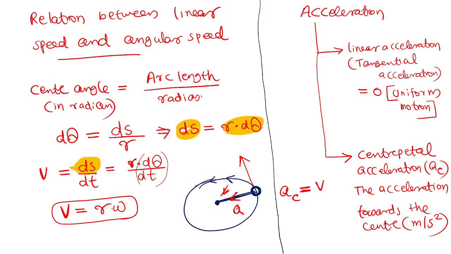Centripetal acceleration is given by the formula v squared by r. This derivation is very important, but I will discuss it after doing certain numerical problems. All of you please write down till this step, and if you don't understand any point, please ask me.